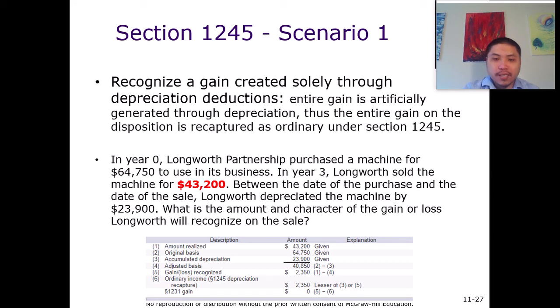Because this recognized gain is even smaller than the accumulated depreciation, there's no portion of this gain recognized as Section 1231 gain, and no portion of this gain is going to be taxed at a preferential rate. So that's the first scenario.